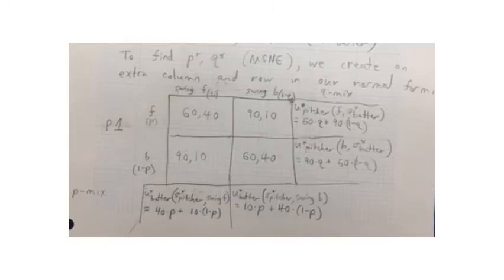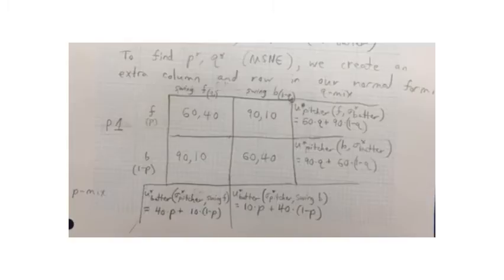We're looking at second payoffs, moving down the first column because under this payoff, the batter is definitely swinging for fastball. Okay, so if the batter swings for fastball, then with probability P, they're going to be pitched a fastball, and they're going to get a payoff of 40, or hit the ball with probability 40%.